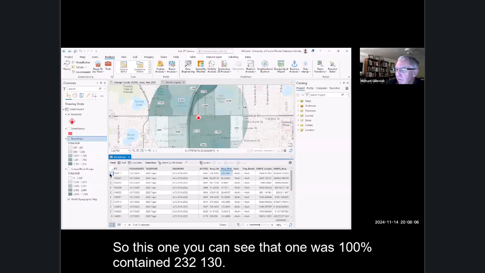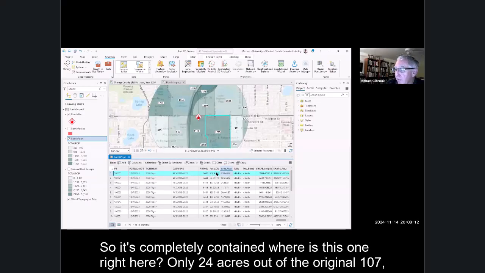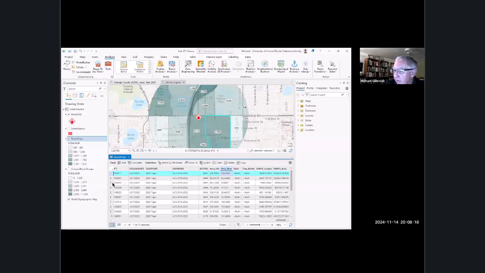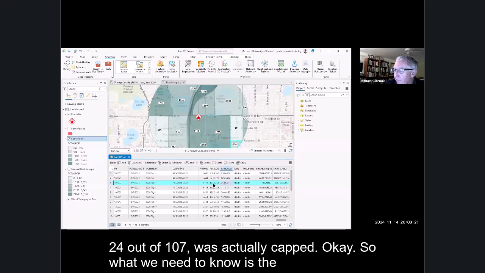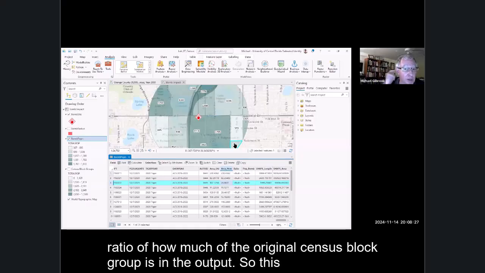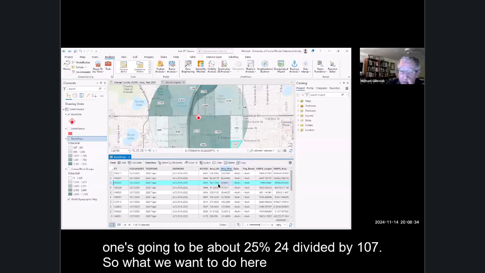All right, so this one was 100% contained, 230, 230. Whereas this one right here, only 24 acres out of the original 107 was actually kept. What we need to know is the ratio of how much of the original census block group is in the output. This one's going to be about 25%, 24 divided by 107.